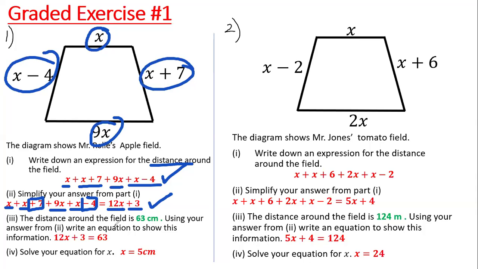But for this one, they want us to find the distance around the field. They say the distance around the field is 63. So we want to write an equation for that: 12x plus 3 is equal to 63.